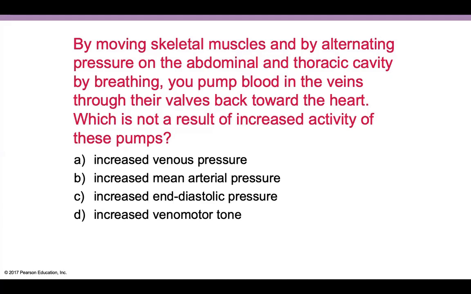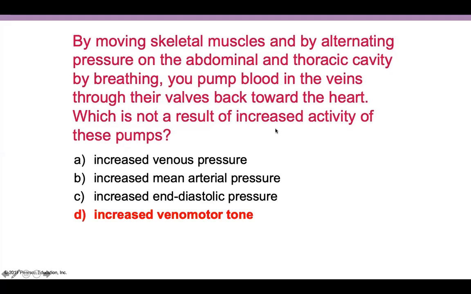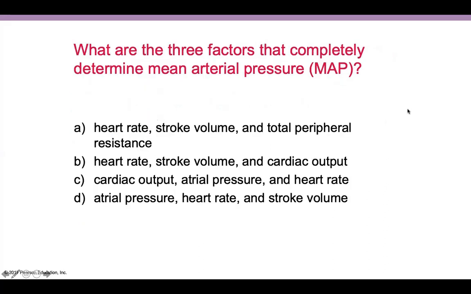Remember, compliance is the givability of the vessel, and having that small amount of venomotor tone decreases our compliance slightly and also aids with our return to the heart. But it is not involving the skeletal muscle or respiratory pumps. It's a different mechanism with the sympathetic nervous system. Okay. All right. So the answer here was D, an increased venomotor tone.